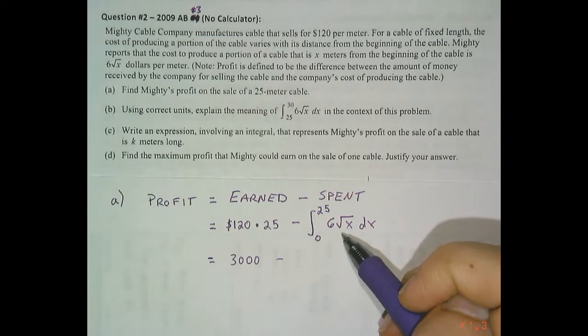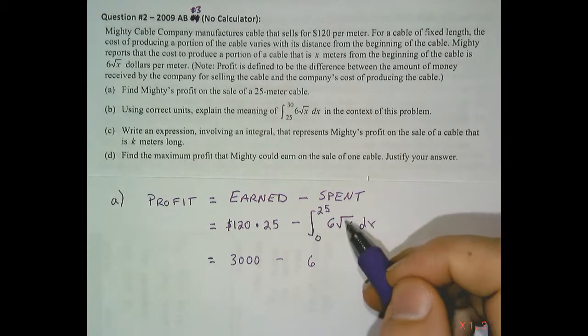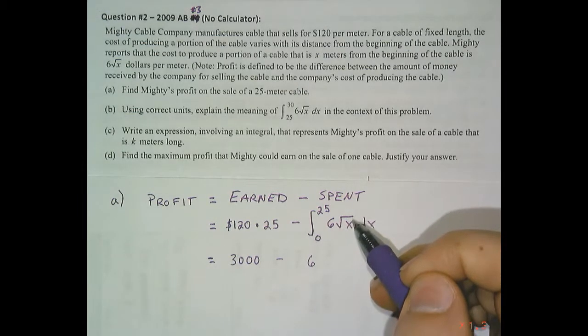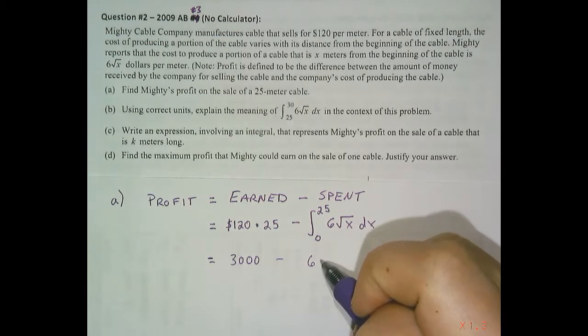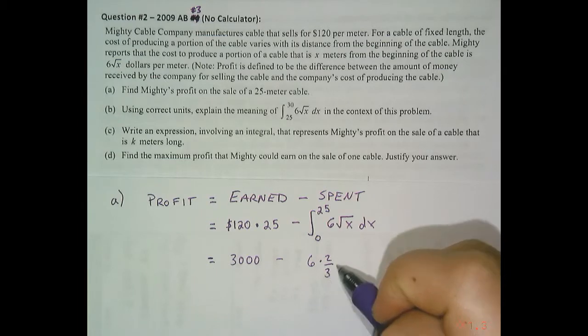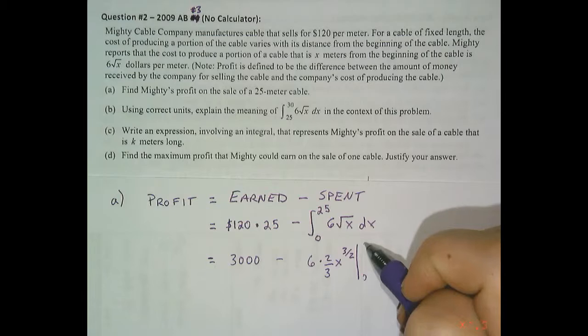And we need to calculate the amount spent. This is an antiderivative that we would need to do by hand. 6 goes along for the ride. x to the 1/2: if you antiderive that by hand, add 1 to the exponent and divide by the new exponent, you get 2/3 x to the 3/2, evaluated from 0 to 25.